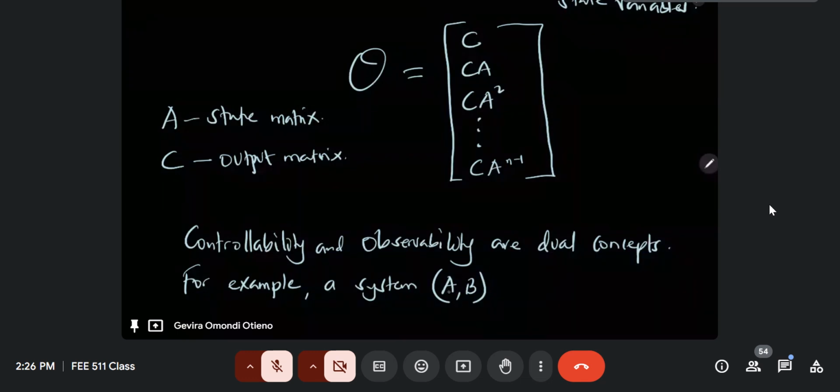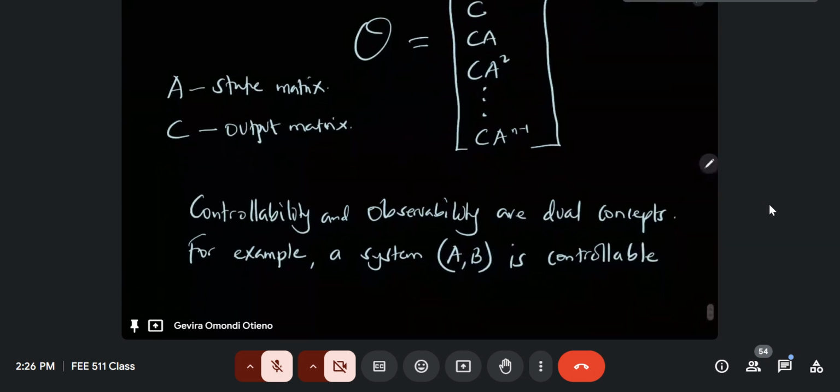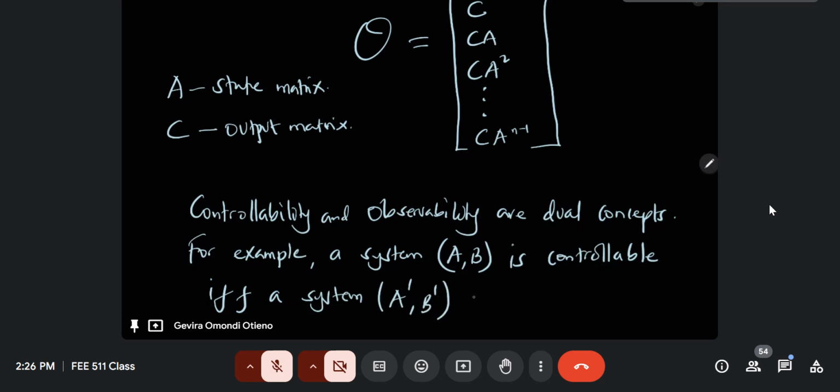Remember, it's a system that is described by the state matrix and the input matrix. That system is said to be controllable. I'm just trying to illustrate the duality of controllability and observability. So this system is said to be controllable if and only if the dual of that system, if you get the inverse of that system, then it becomes observable.